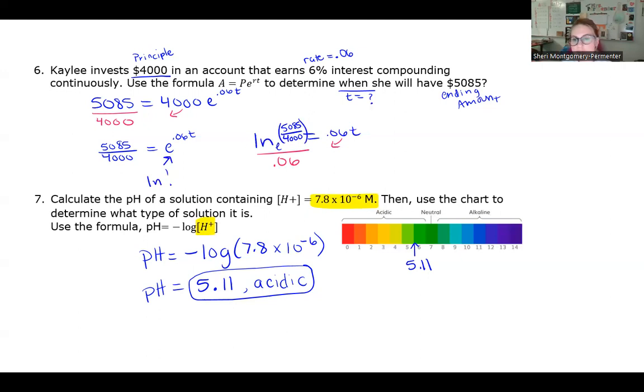So you have to type that into your calculator exactly the way you see it. We got 3 minutes. You have time to type it in. So you type in the natural log of 5085 divided by 4,000, divided by 0.06. What do you get?